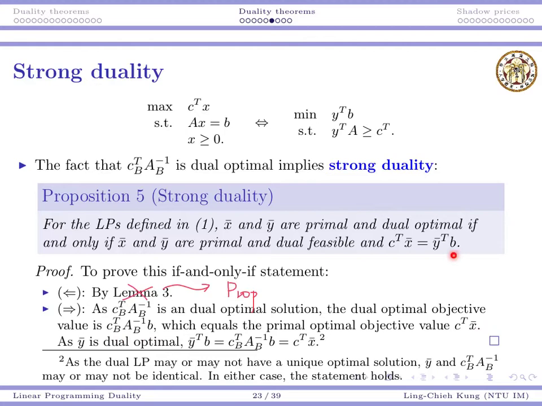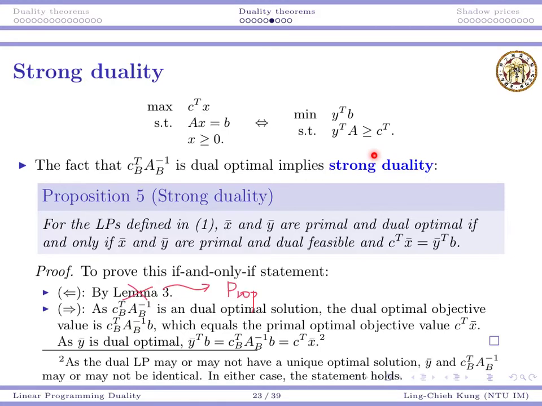And then, as y bar is dual optimal, we know y bar transpose b must also be C transpose x bar, right? Here the point is that I know y bar is dual optimal, and I also know that CB transpose AB inverse is dual optimal. Because given a linear program, there may be multiple optimal solutions.